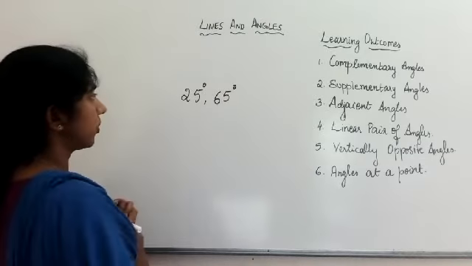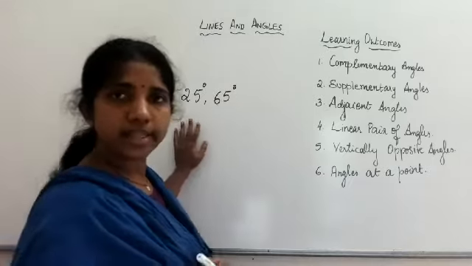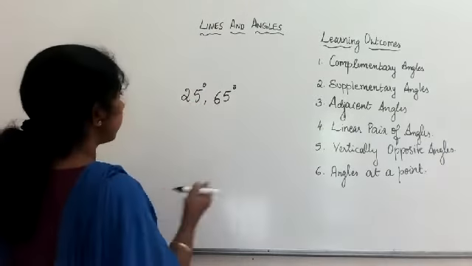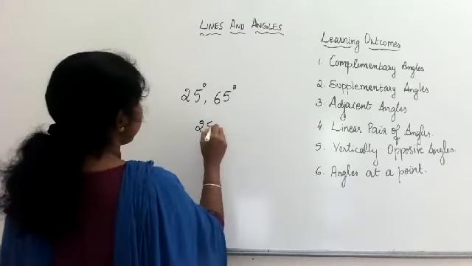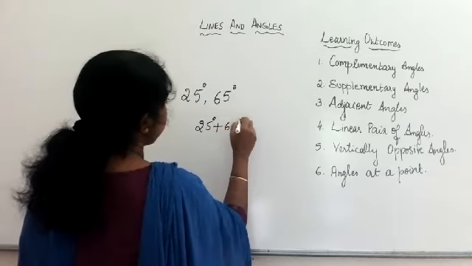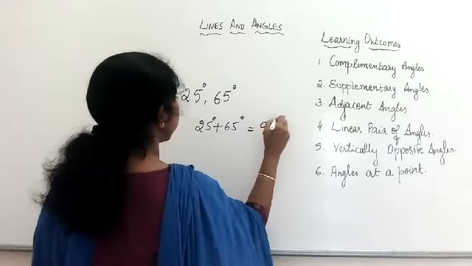Now let us add these two angles and see the sum. 25 degree plus 65 degree, you are going to get 90 degree.